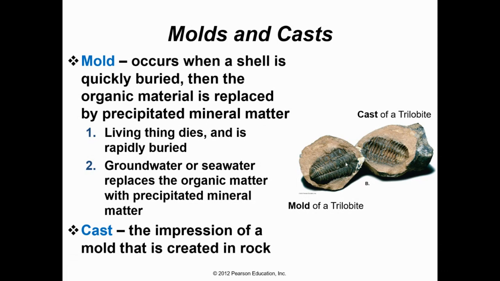It is, again, precipitated mineral material that has taken on the structures of the organism, while what is left of the organic material, the carbon, has decomposed over time. Very same process.